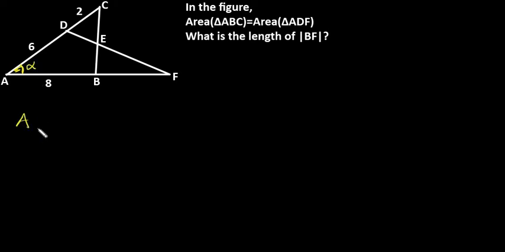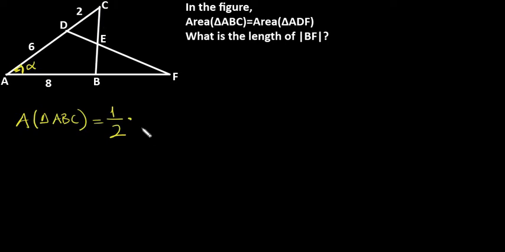And now let me write the area of the triangle ABC first. So the triangle ABC, it's going to be 1 over 2 times, so what is the length of this side? AC. I'm trying to find the area of the triangle ABC.